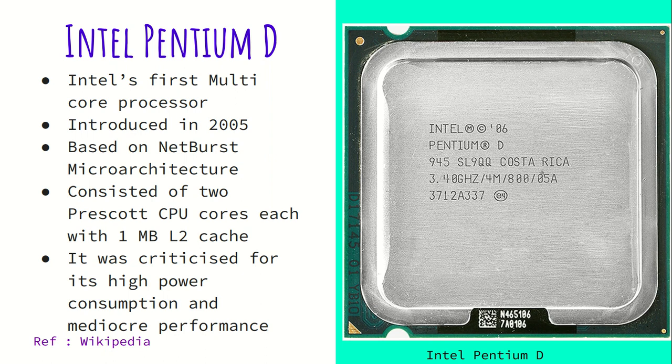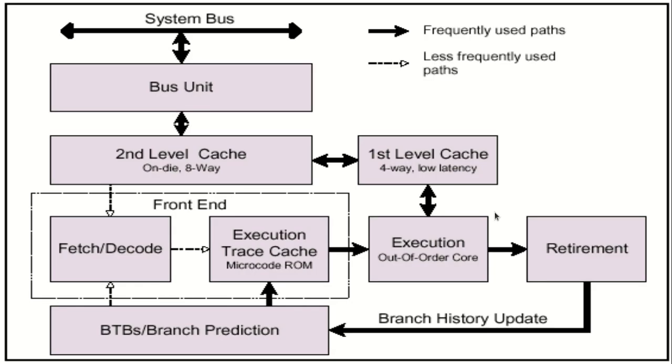Thus, it was criticized by the general public for its high power consumption and mediocre performance. You can find the photo of Intel Pentium D on the right. This is the architecture used by Intel Pentium D. It is the diagram of a NetBurst D microarchitecture used by Intel Pentium D.